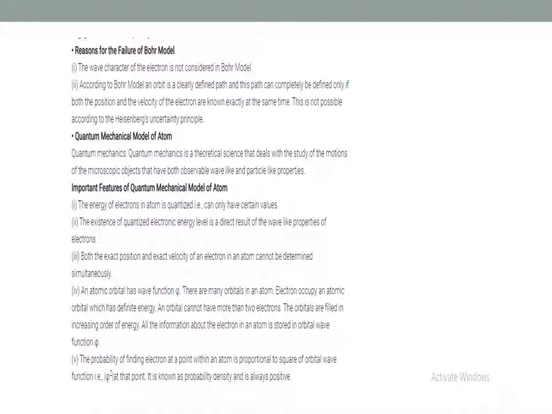An atomic orbital has wave function psi. There are many orbitals in an atom. The probability of finding electron at a point within an atom is proportional to the square of orbital wave function, psi square, at that point.